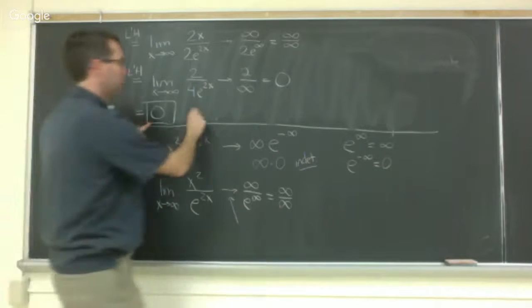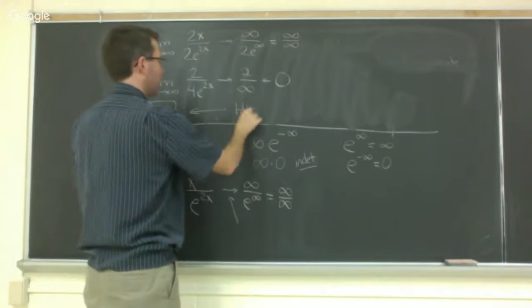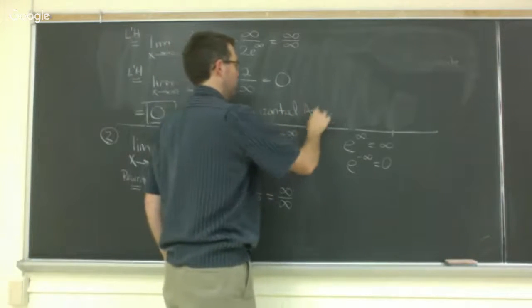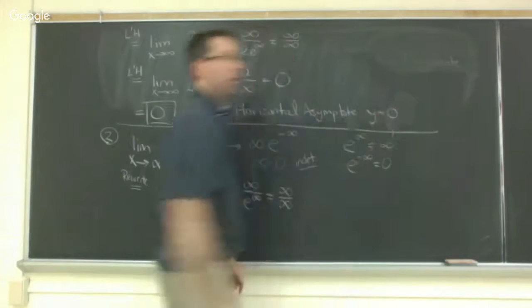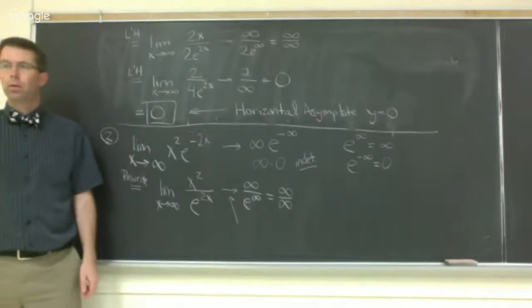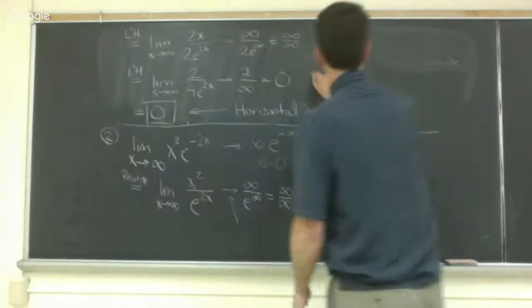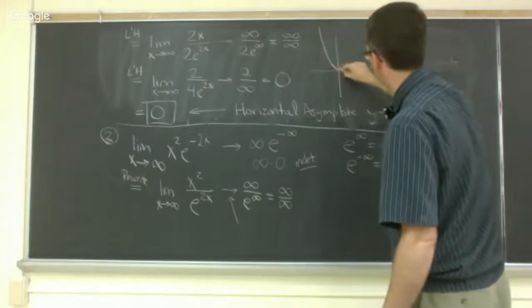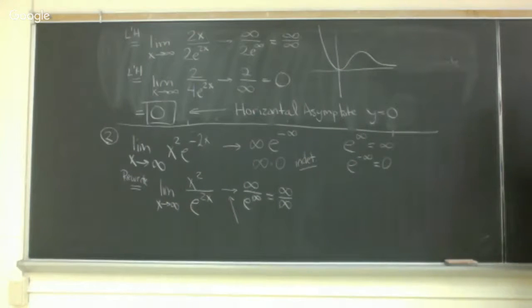So this problem would have corresponded to having a horizontal asymptote at y equals 0. In fact, this graph looks something like that.